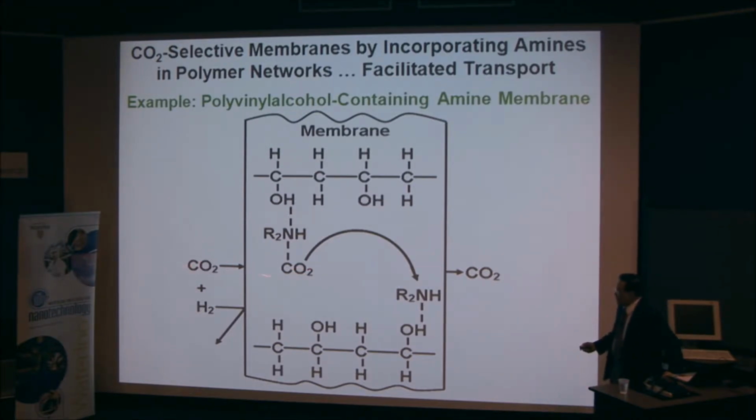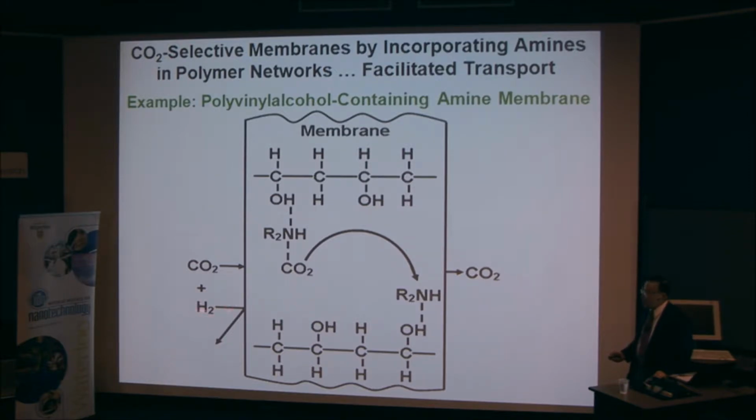So at the high pressure side, the reaction product can then transport across the membrane, and then the CO2, because of reversible reaction, is then released to the low pressure side. Okay, and that also regenerates the amino group. This is so-called facilitated transport. Essentially, we're using chemistry to enhance the mass transfer.